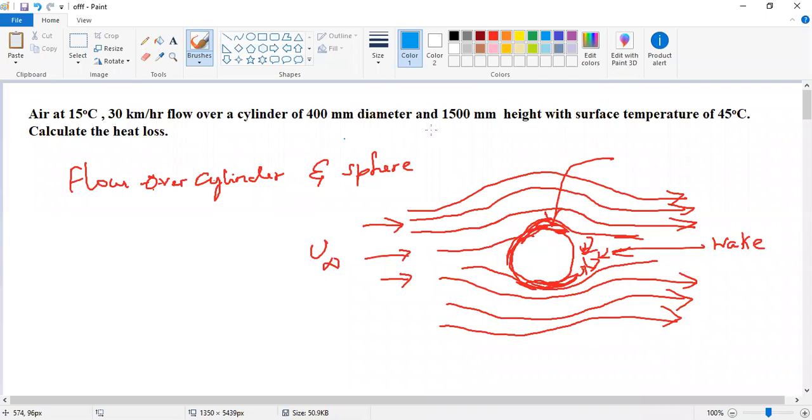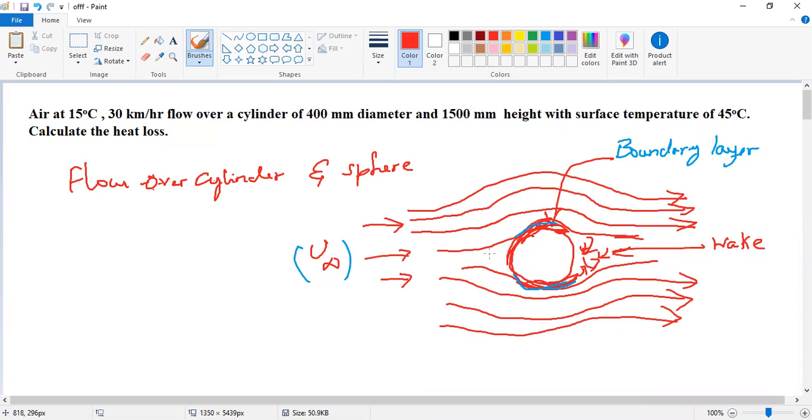So this point is a boundary layer. The flow along the surface attains 99% of u infinity. That is the boundary layer in the sphere problem.